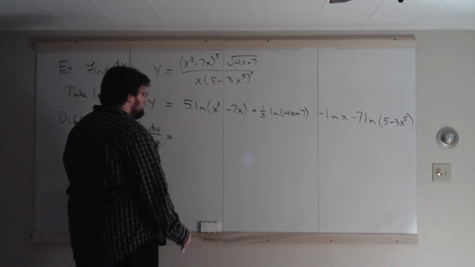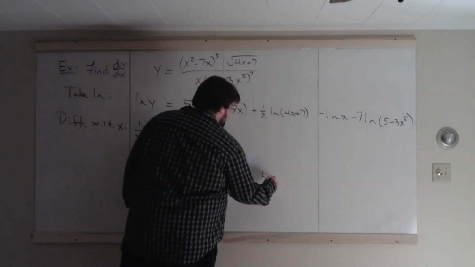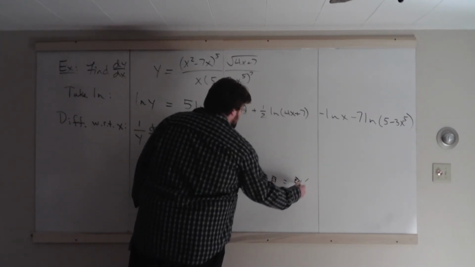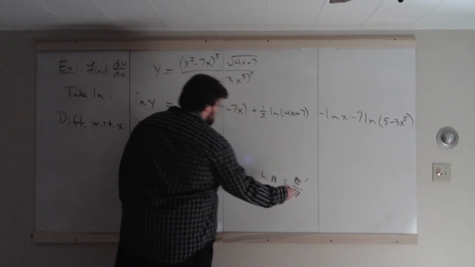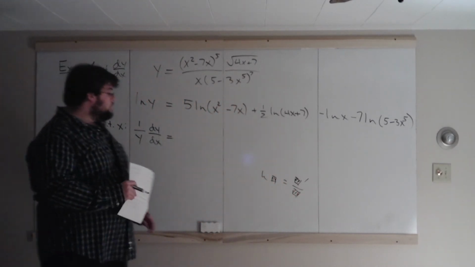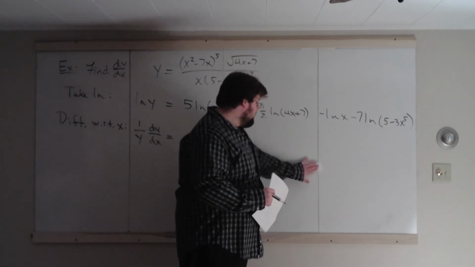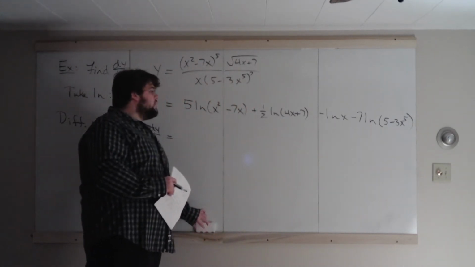We take the derivatives normally, remembering that the derivative of log of something is something prime over something, from the chain rule. And we're going to do that with all 4 of these pieces on the right side.